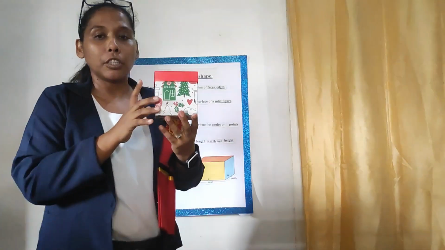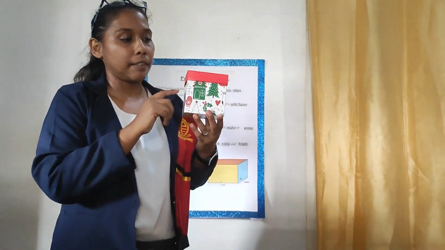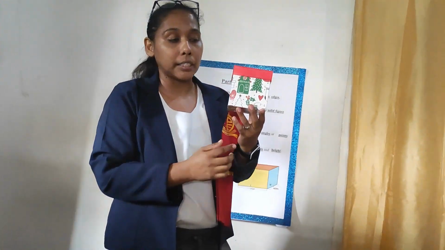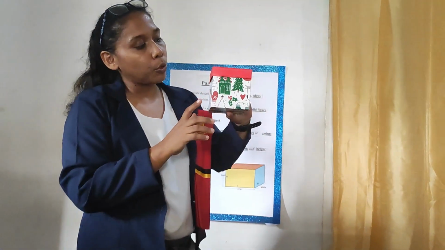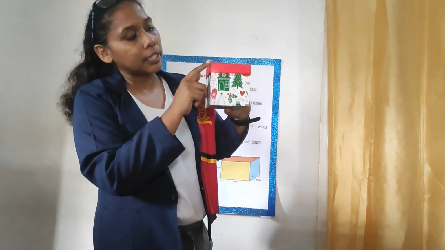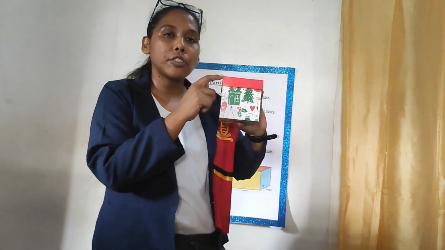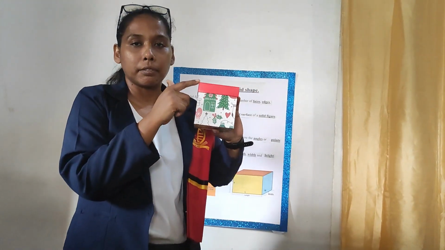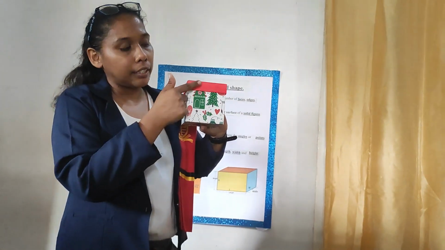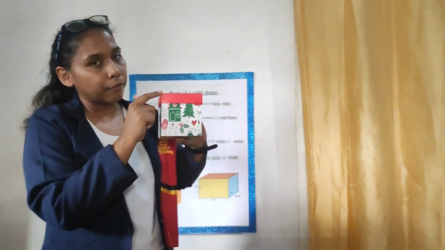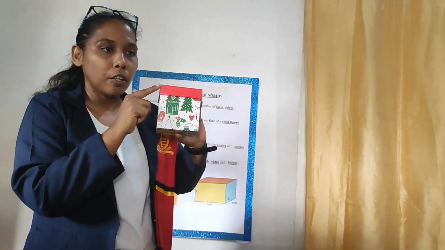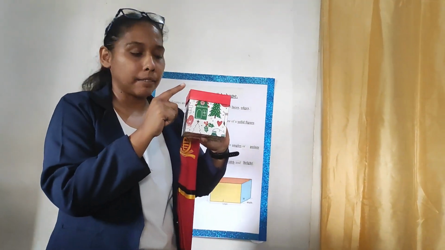The next thing we're going to look at is a vertex. The vertex is where 2 or more edges meet. So where you have 2 or more edges meet, some of you guys could call it the tip. So you have the vertex here. Or you could say the points.